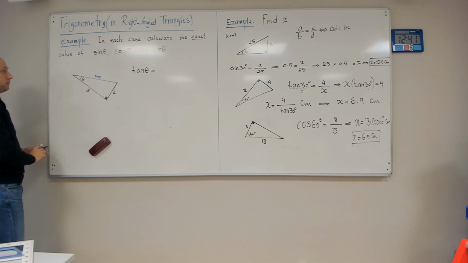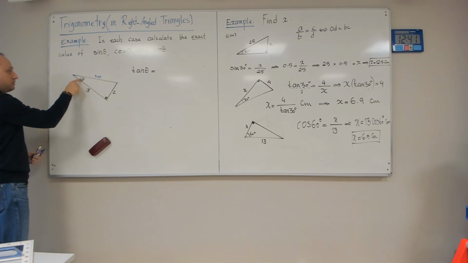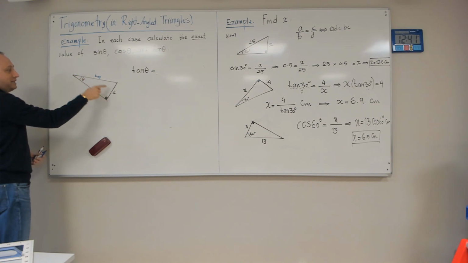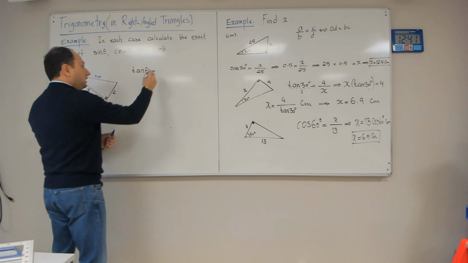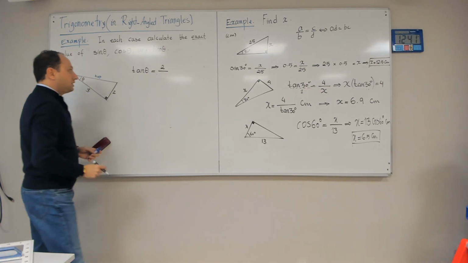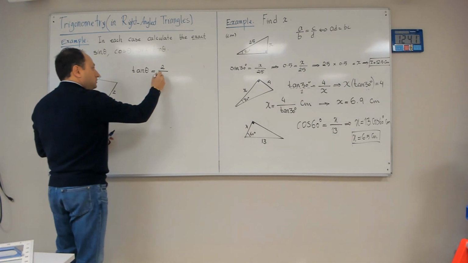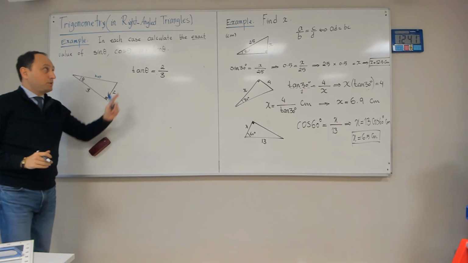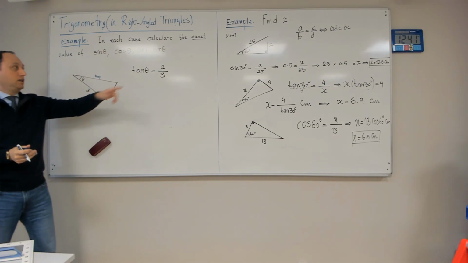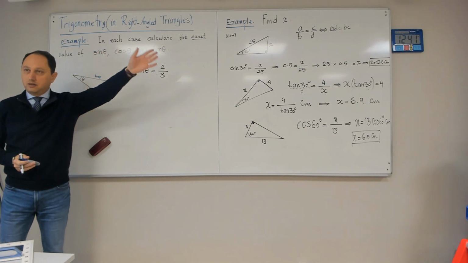Now tangent of theta is the opposite one, and then I have to divide it by the adjacent one. The name for this is hypotenuse, and the name for this is the adjacent. You keep it like this because I have asked you the exact value. If you divide it by your calculator, you get a lot of decimal places.